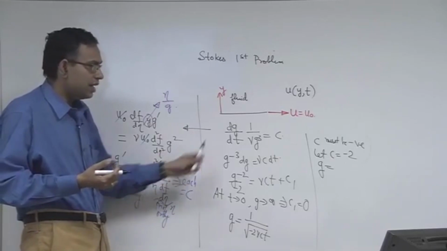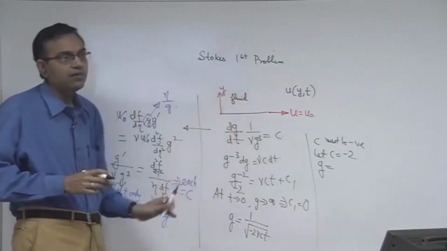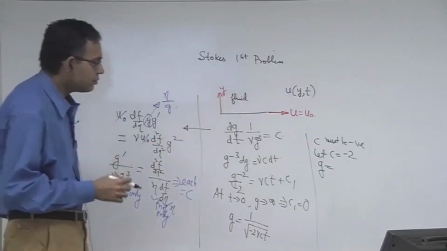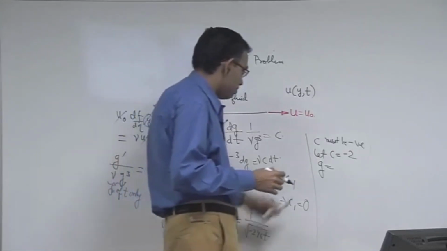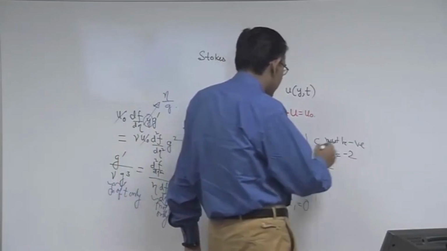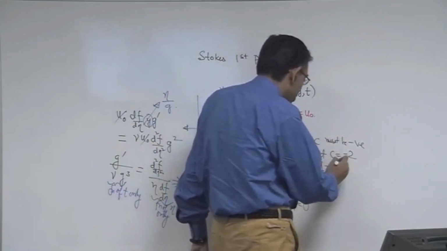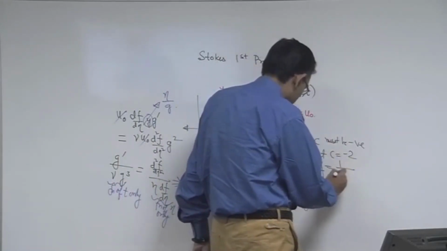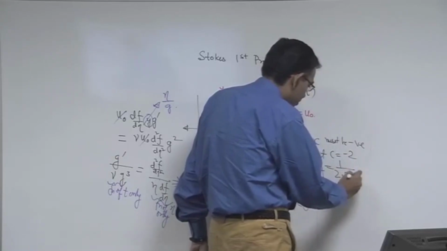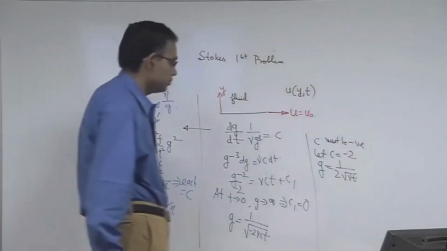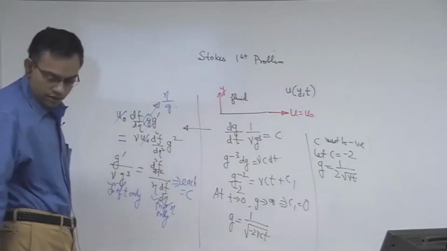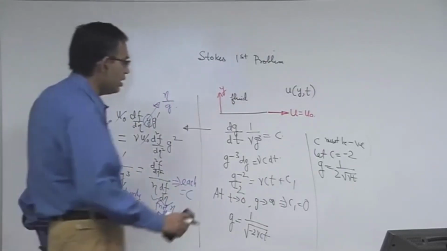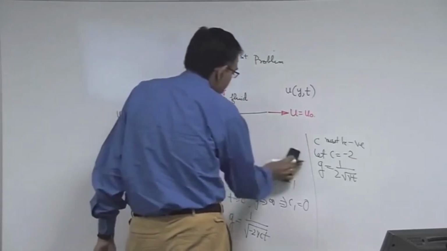So, different C's will eventually give rise to the same solution. So, C is equal to minus 2 as an example, and G will be 1 by 2 square root of nu t. This is about G. Now let us concentrate on F.